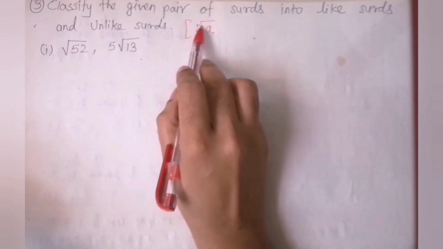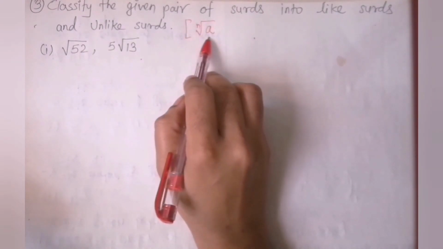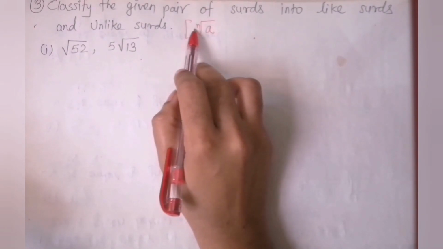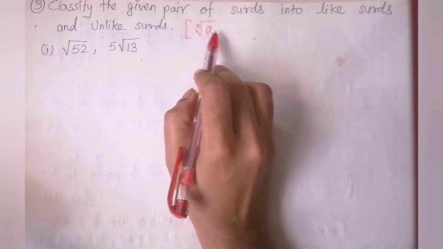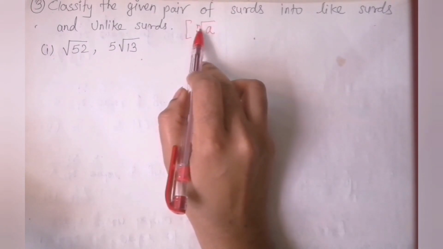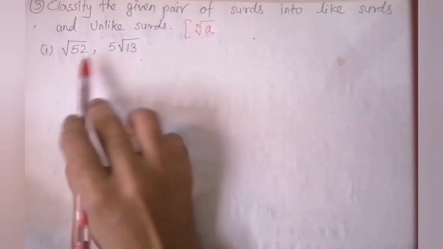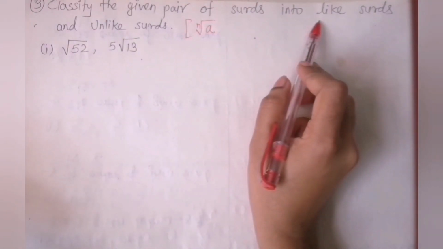That means this is the order of the surd. a is the radicand, this sign is the radical sign, and n is the order.